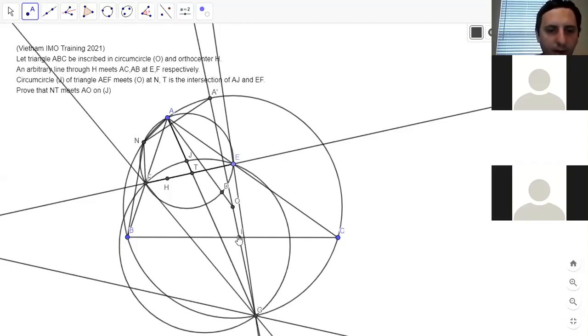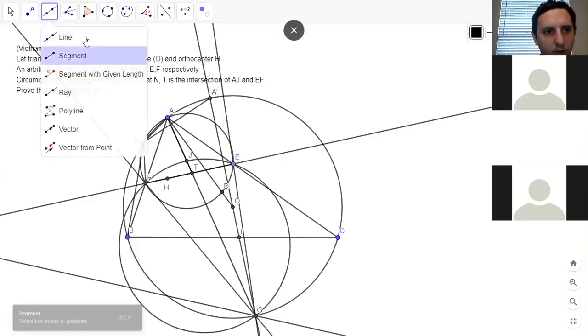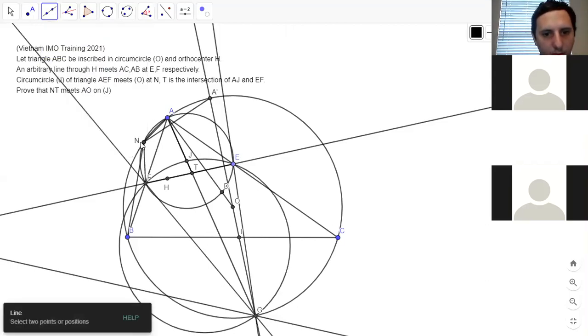So we want to show BNI is 90 minus C. Then it is the same as saying NI meets AO on the circle, is it? NI meets AO on the circle. The big circle. The big circle.